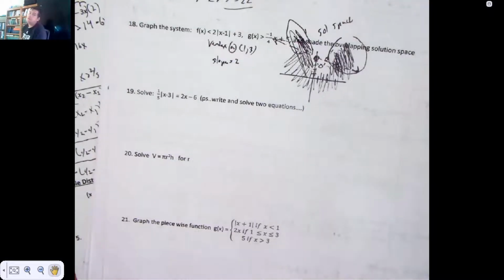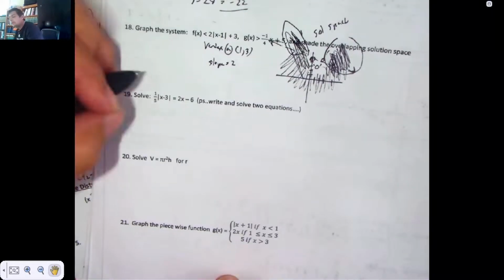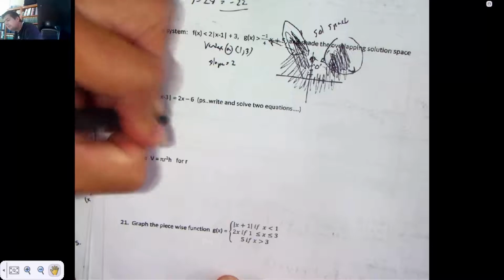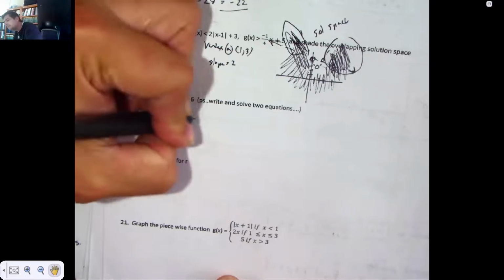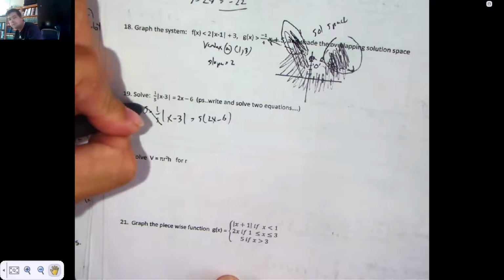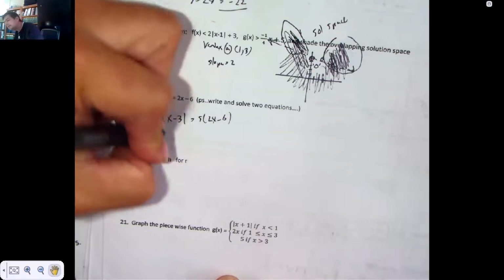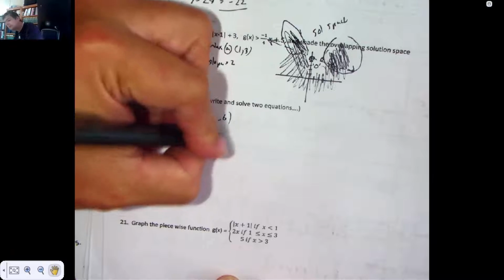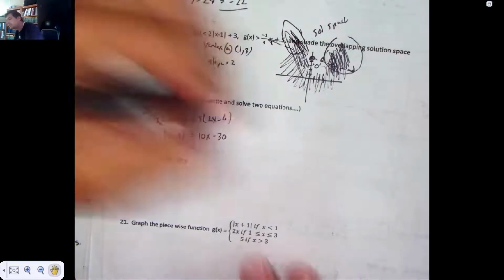19. Solve another absolute value system. All right, so I guess what we'll do is we will multiply by 5 on both sides. The reason for multiplying both sides by 5 is to eliminate the fractions. And that frees up the absolute value of x minus 3 being equal to 10x minus 30. Write two equations.